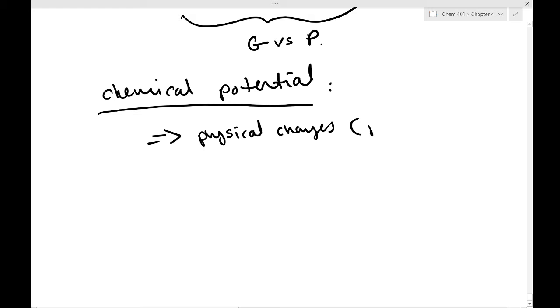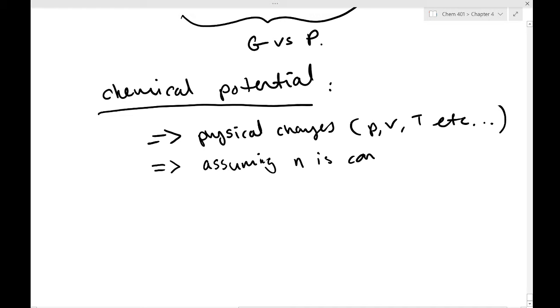So, for example, changes in pressure, volume, temperature, etc. We have almost exclusively been focused on this, and as a matter of fact, we have been assuming that n is constant in all of this.